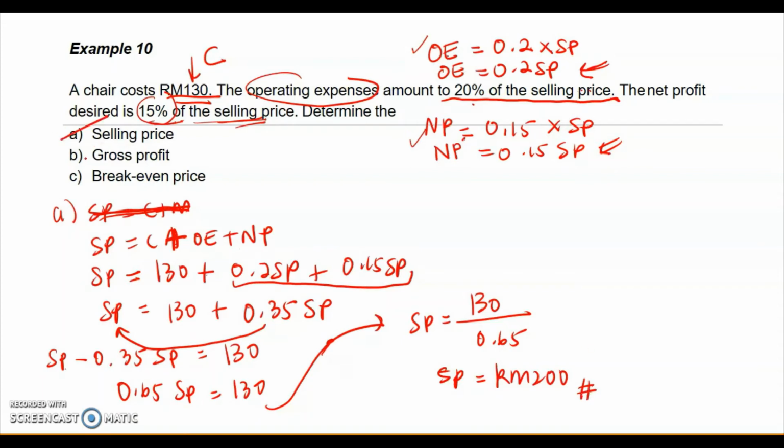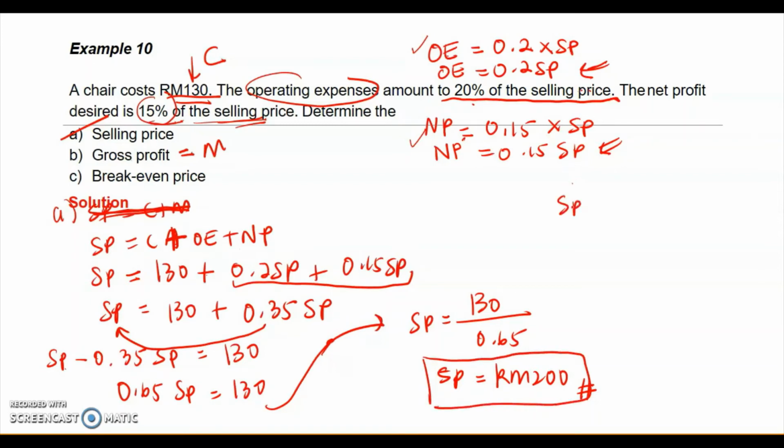So next question, gross profit. What is gross profit? Gross profit is equal to markup. Because from the previous question, we have the amount of SP, 200.